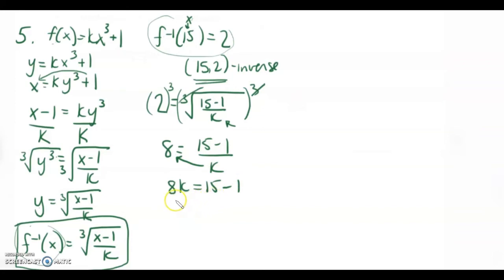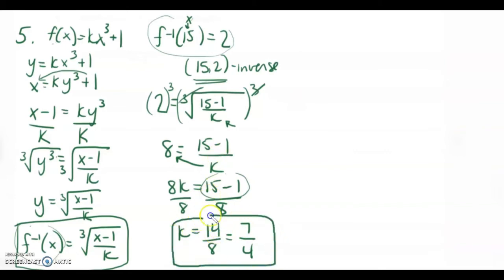Okay, so then we divide both of those by 8. We have k equals, 15 minus 1 is 14 over 8, and we can simplify that to 7 over 4. Okay, so the k value is 7 over 4.